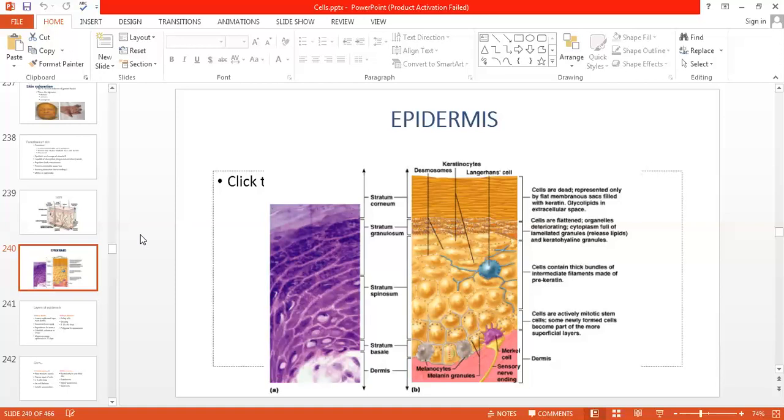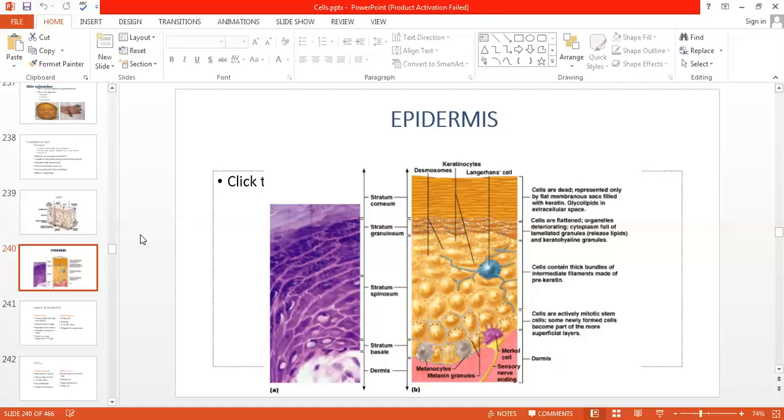The third layer, the stratum spinosum, is made up of cells containing thick bundles of intermediate filaments made up of keratin.